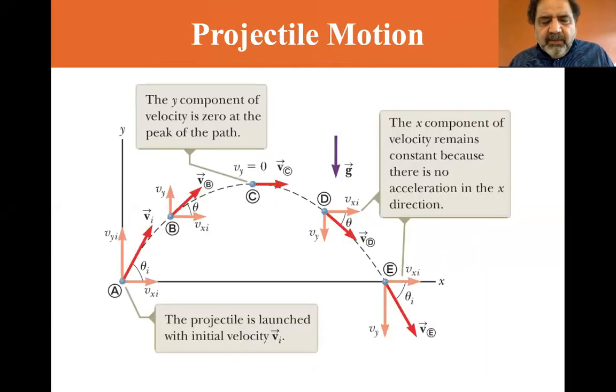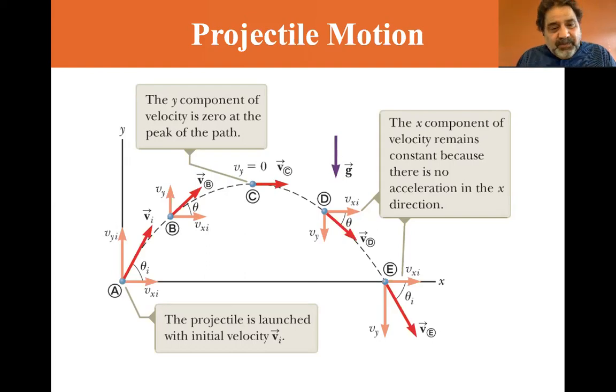Now we're here with projectile motion, and we want to look at it. If you look at the little video about projectile motion, you'll see that they separate the horizontal and the vertical components of a projectile, and that's what we're going to do here. The bright red arrows are the total velocity vector for this projectile.